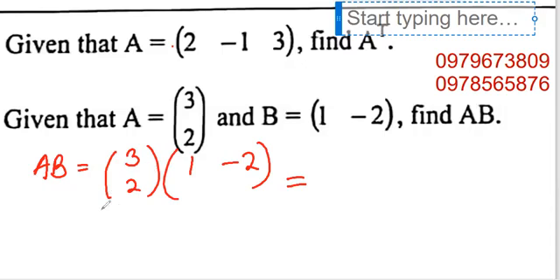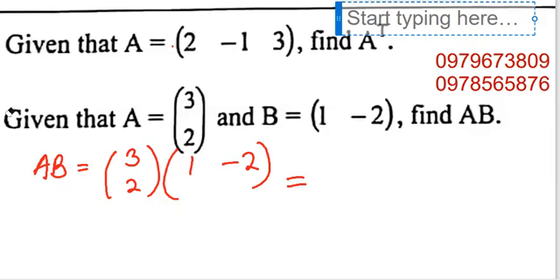In the case of the first one, this is a 2 by 1 matrix, and the other one is a 1 by 2. Since these two numbers are the same, we know that the two matrices can be multiplied, and the order of our answer will be a 2 by 2, using the first number and the last one. That is how we get to deal with this part here.